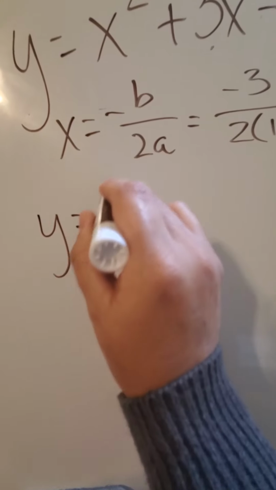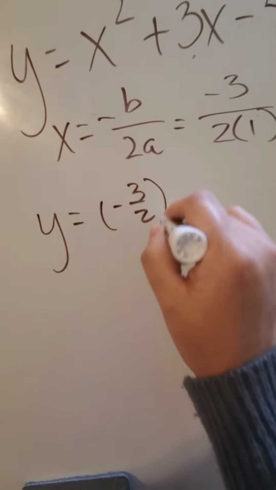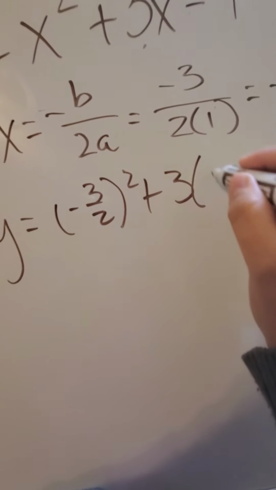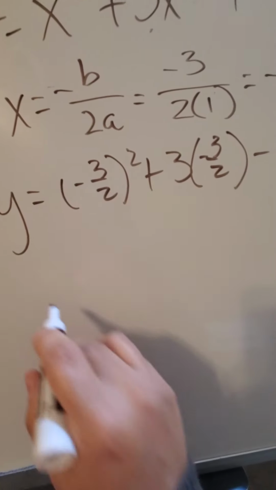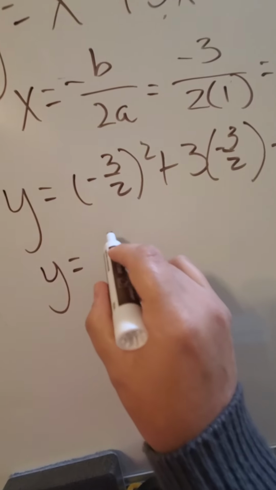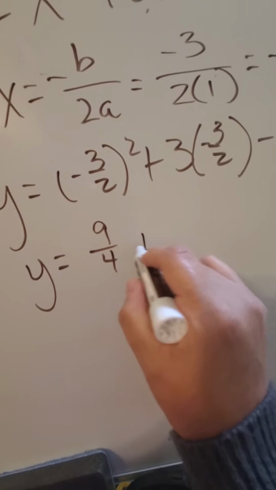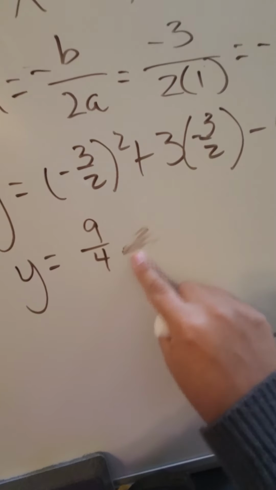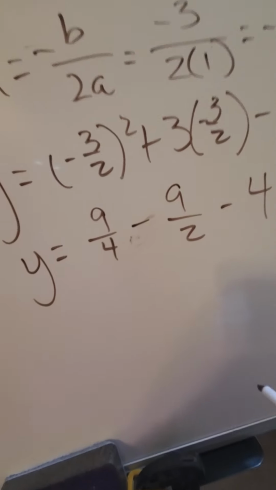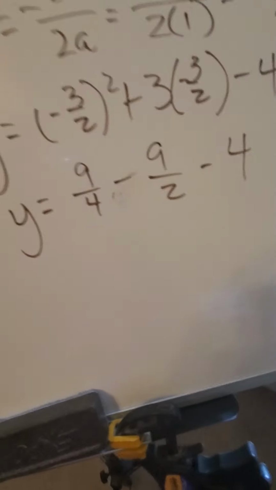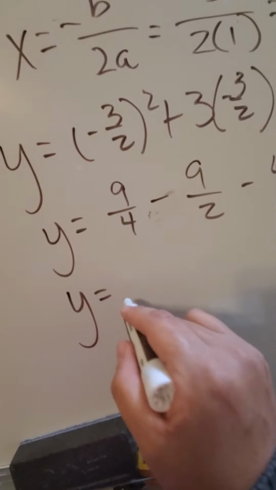So y equals negative 3 halves squared plus 3 times negative 3 halves minus 4, okay? So y equals 9 fourths minus 9 halves minus 4. Now, a calculator would do all the math for you.